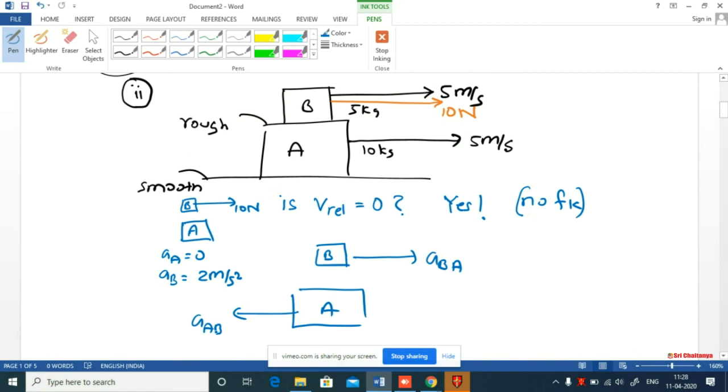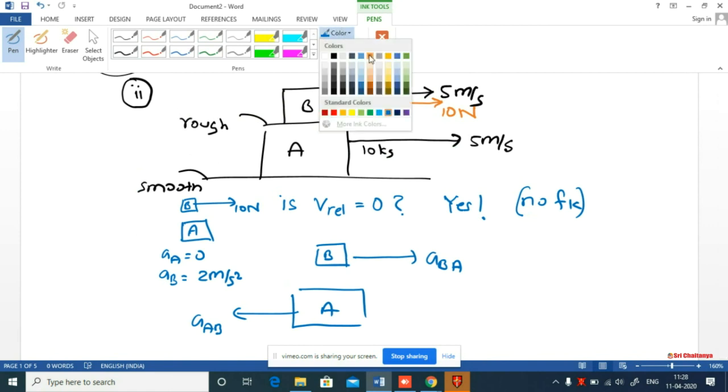So that was our criteria. Our criteria was that there should be no relative velocity, satisfied. In the absence of friction, A relative should be non-zero, again satisfied. So obviously here static friction will be present.